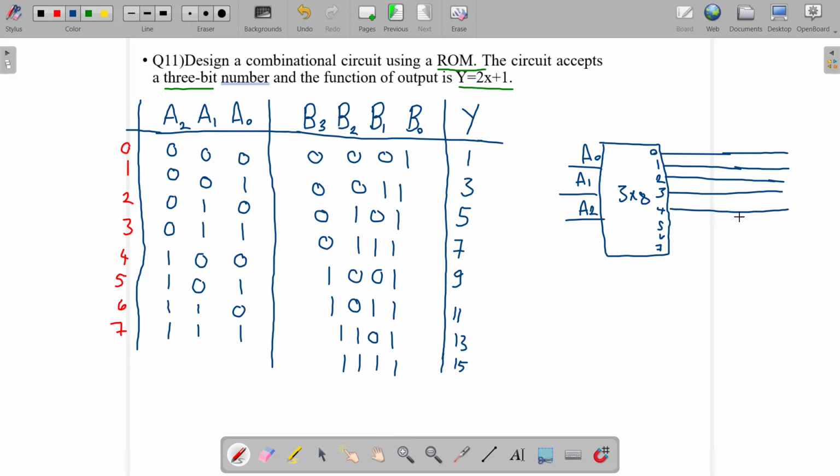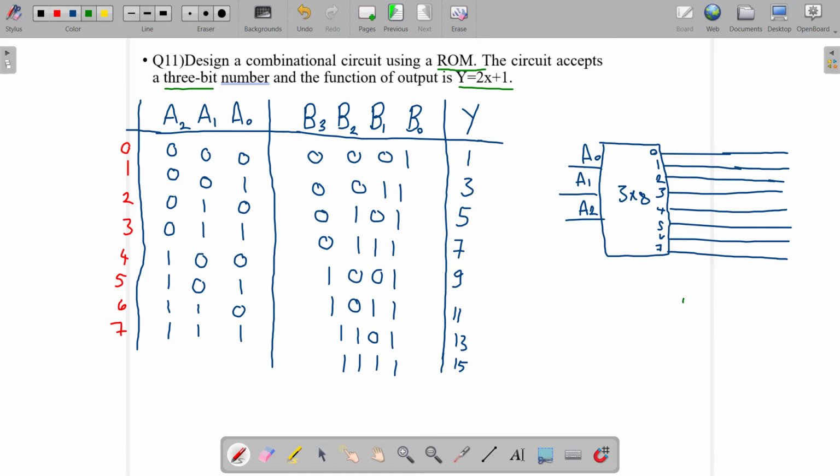But before designing, we said that we have to look at the table to see whether we can simplify this circuit or not. If you look at here, B3, you can see that it's same as A2, B2 is same as A1, and B1 is same as A0.